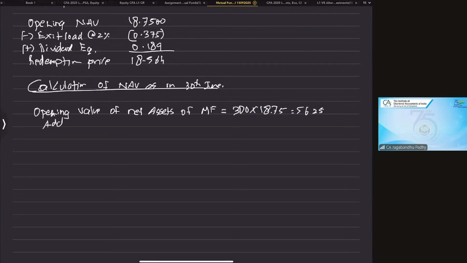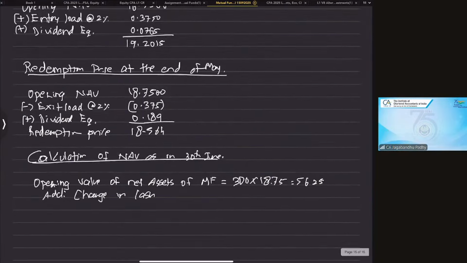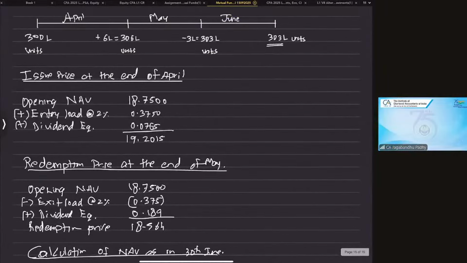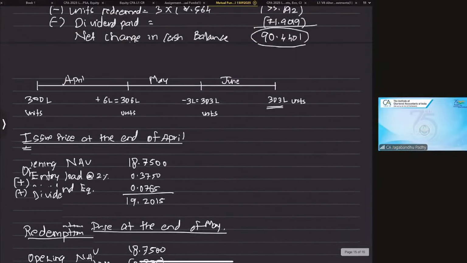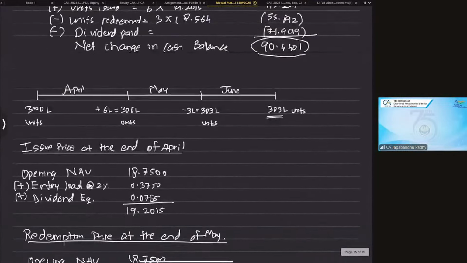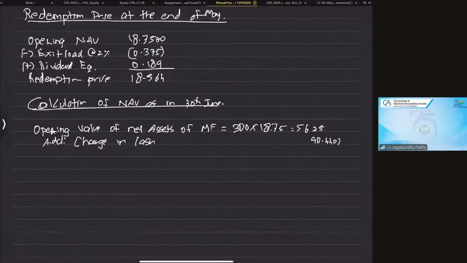To that, we need to add the change in cash balance, which is 90.4401. Then we will also add the appreciation in portfolio value.